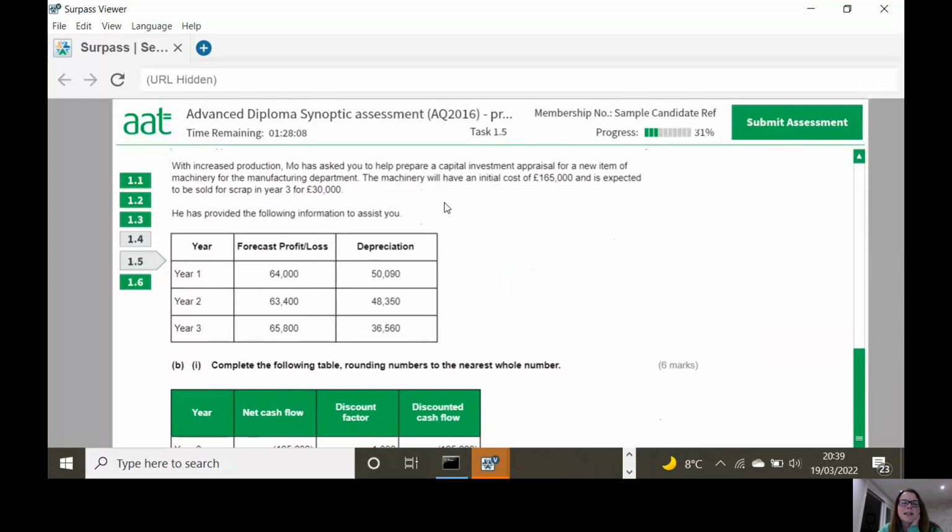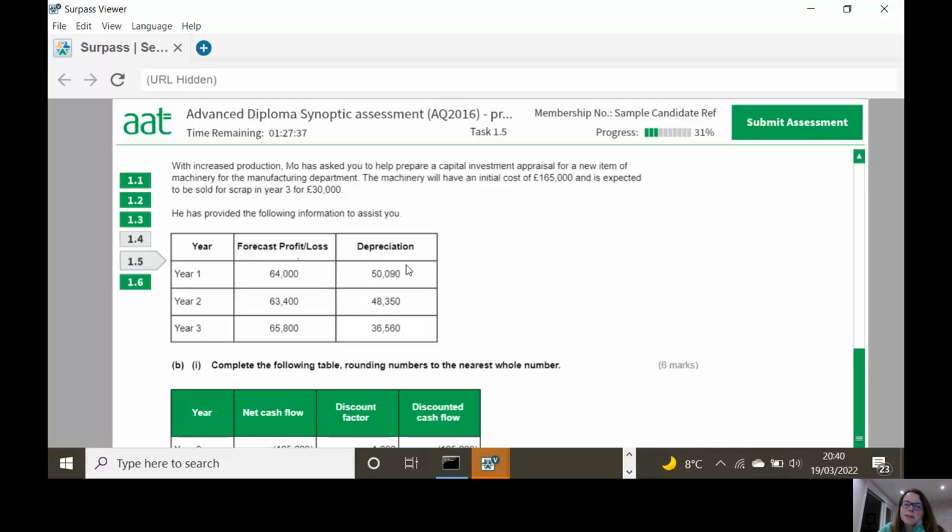So it's always handy to clock what sort of question it is. So this is a long-term investment or a long-term decisions question. So I know that all my methods, my payback, my net present value, and my internal rate of return, all 3 of those methods I learned in management all use cash flows, not the profit or loss.